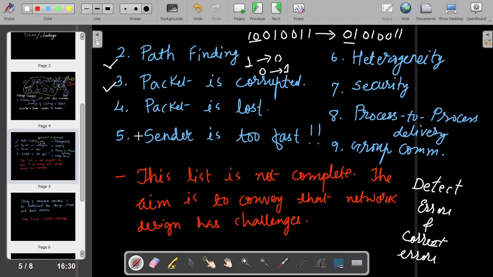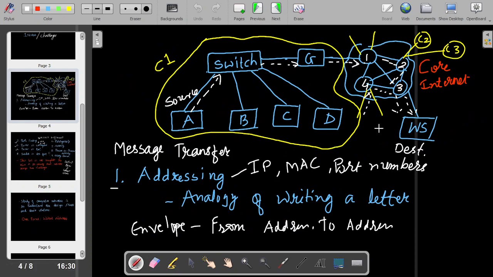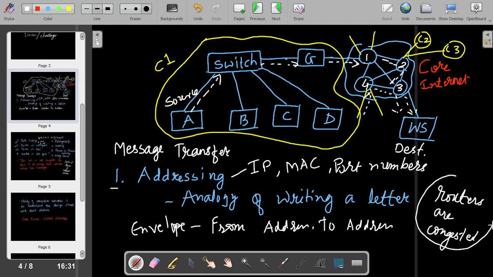Now the next challenge is loss of packets. Often in the internet, many times the routers are congested. Now what do I mean by congestion? You can see in this diagram that a router is not connected to a single client network.